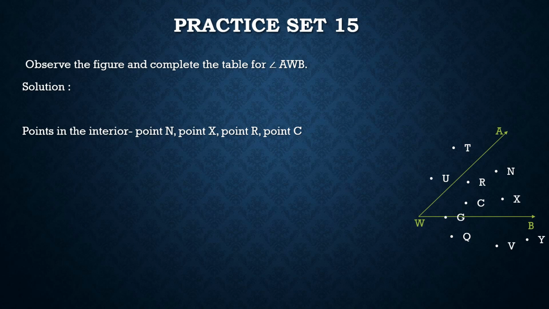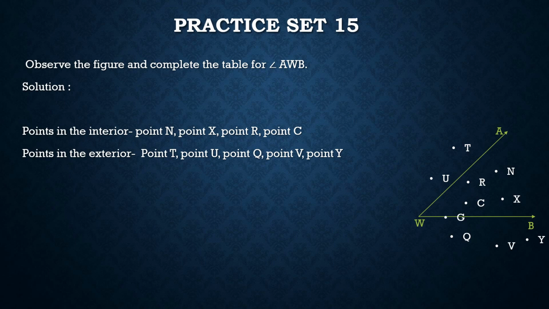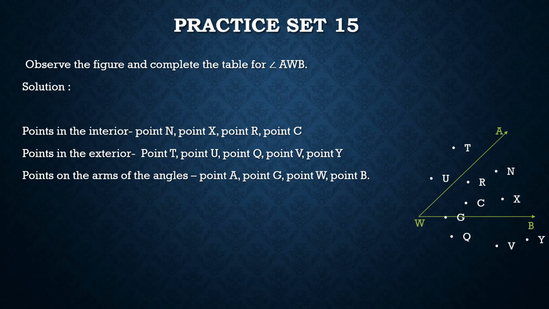Points in the interior are point N, point X, point R, point C. Points in the exterior are point T, point U, point Q, point V and point Y. Points on the arms of the angle are point A, point G, point W, point B.